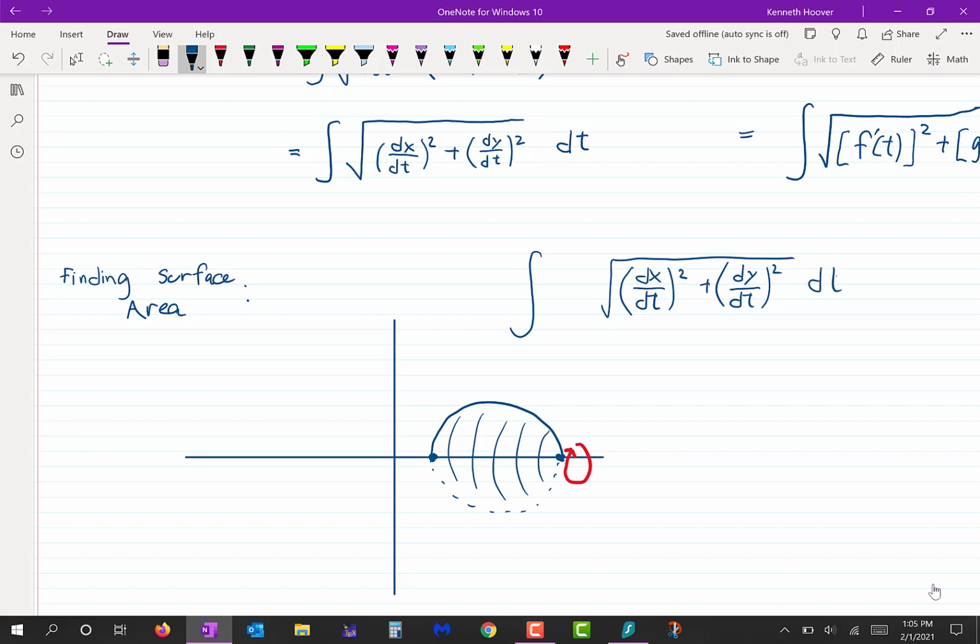And in front of the square root, we just enter a 2 pi y. And there's your surface area formula.